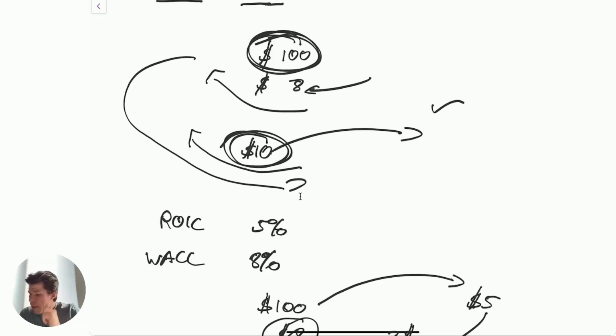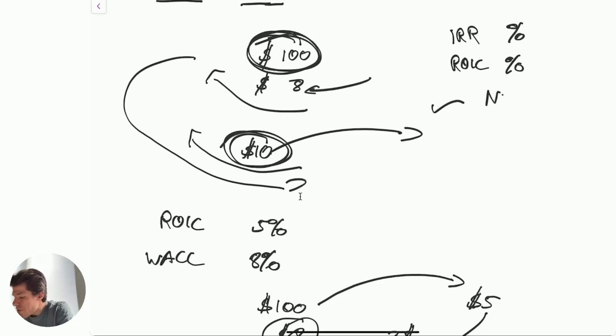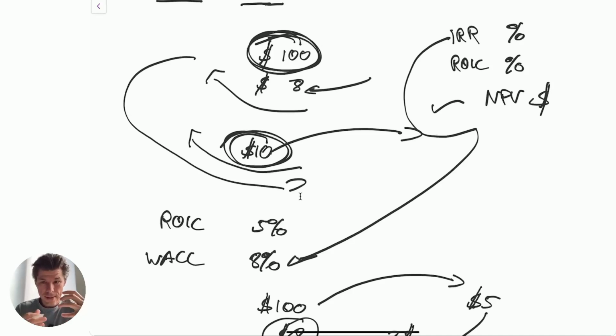IRR and ROIC are measured in percentage. NPV is a dollar figure. Again, we would do the same: we would compare ROIC with WACC, or sometimes in private equity, they compare internal rate of return with WACC because it's a scenario, it's a project for them.